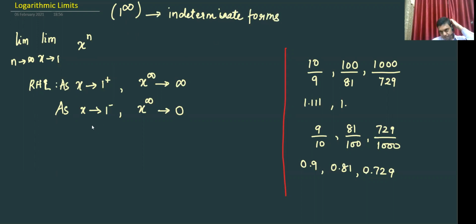So now let's do. There are two theorems or two results. Result 1, very important.